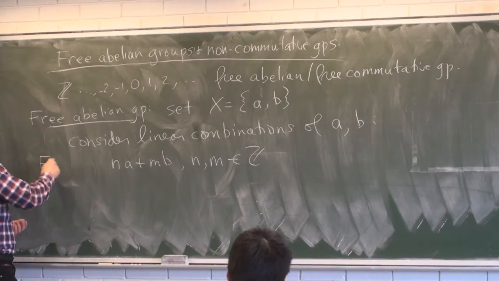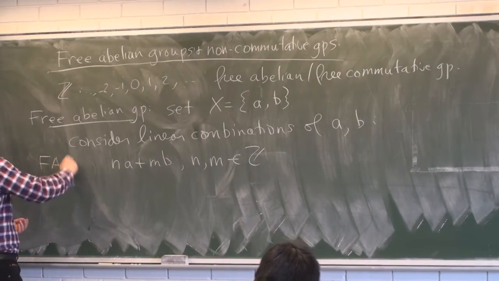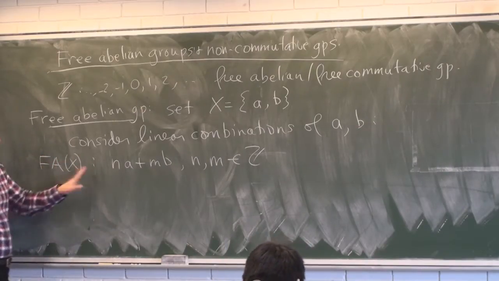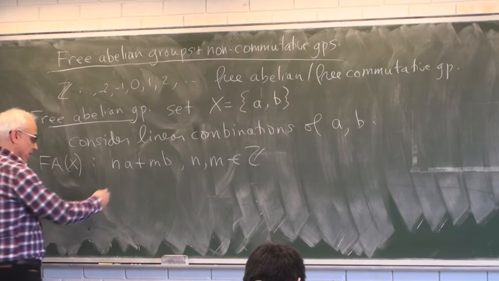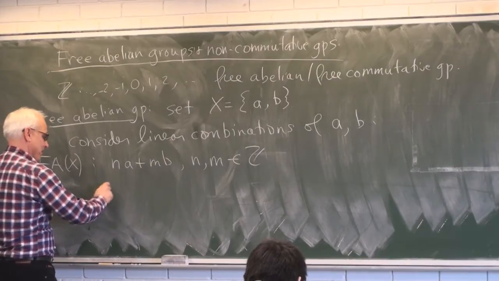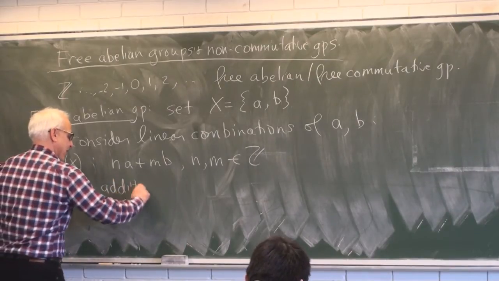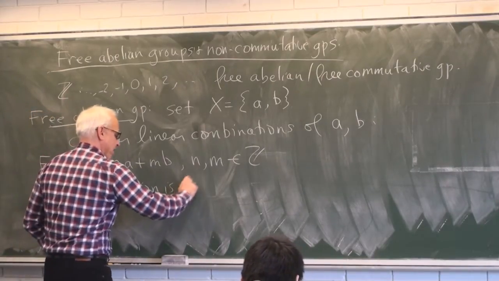So we might say the free abelian group on X consists of objects of the form NA plus MB, where N and M are integers. And I have to tell you how to add them, and we do that in sort of the obvious way. So the addition is the obvious one.